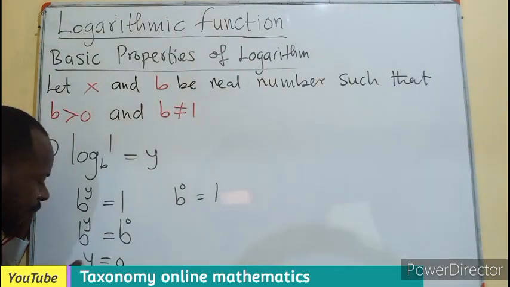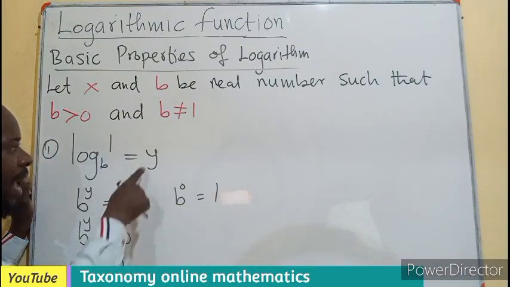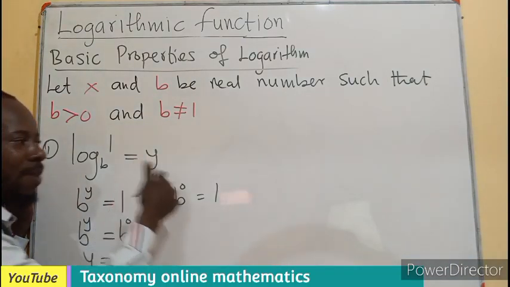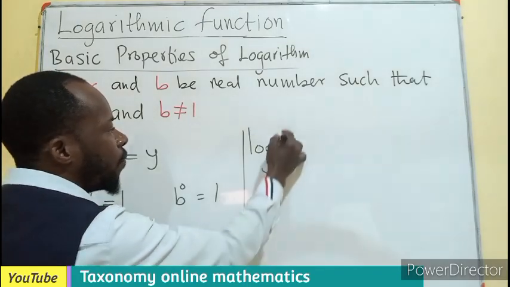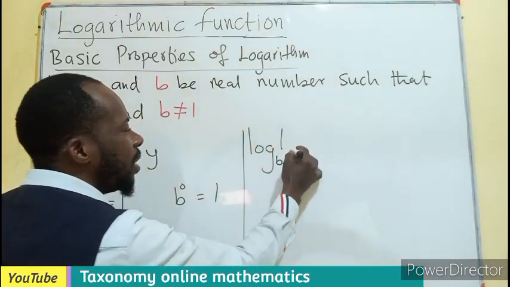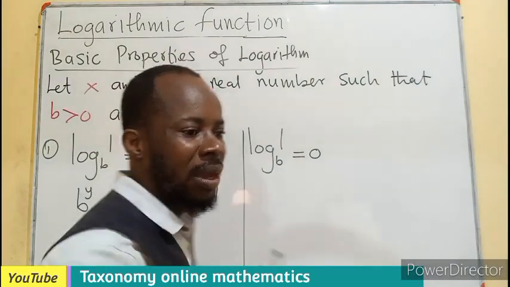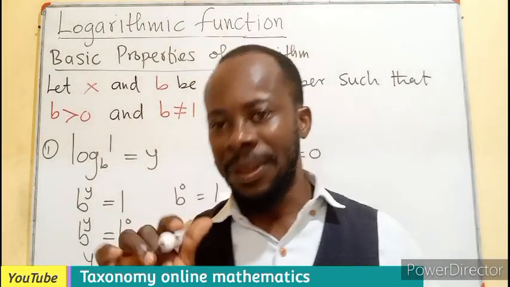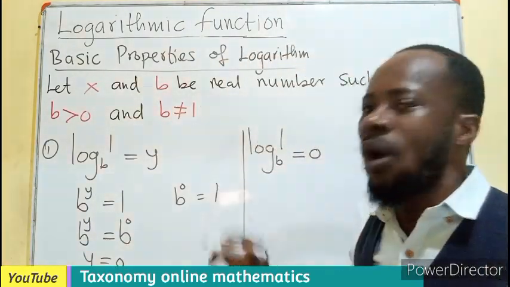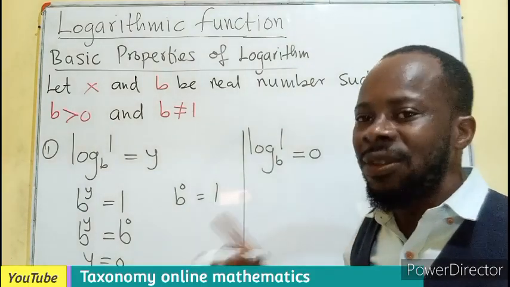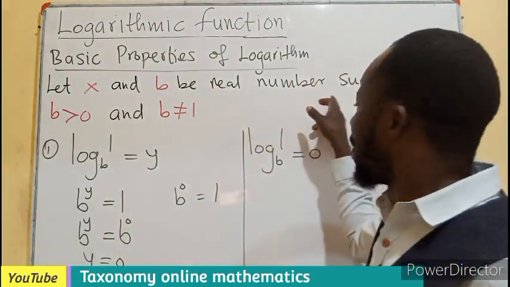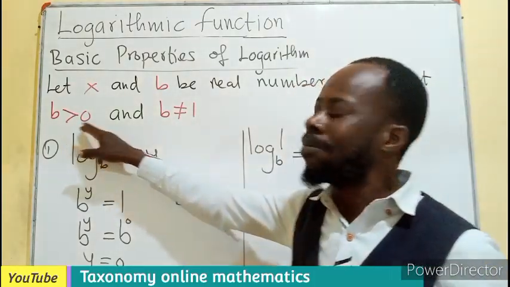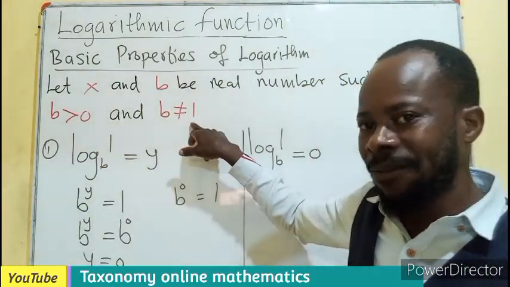0. So if y is equal to 0, I can remove this y and make it 0, to mean that the logarithm of 1 to the base b must give you 0. That's the first property: that the logarithm of 1 to the base b, where b stands for all real numbers that are more than 0 but not equal to 1.